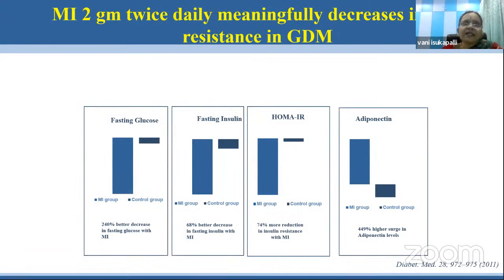There's yet another extended study which said that fasting glucose, fasting insulin, the insulin resistance, and adiponectin, all these factors can be managed by giving myoinositol 2 grams twice a day, that is 4 grams a day. So this almost says that there is a meaningful decrease in insulin resistance in GDM cases by adding myoinositol.